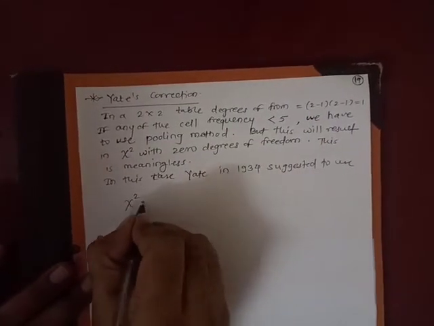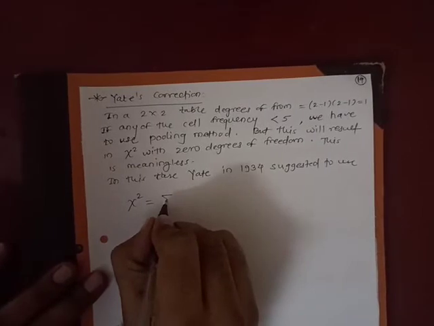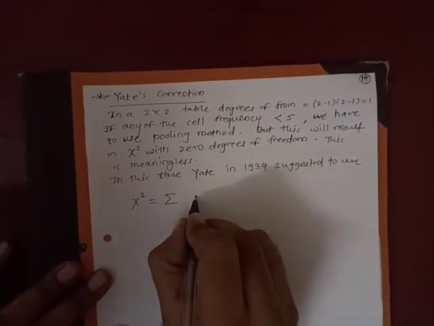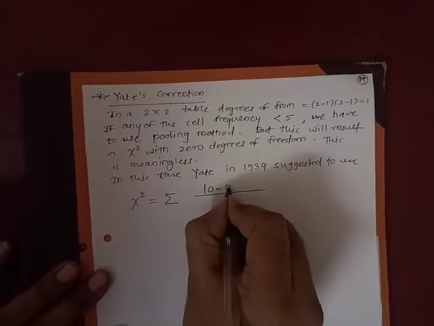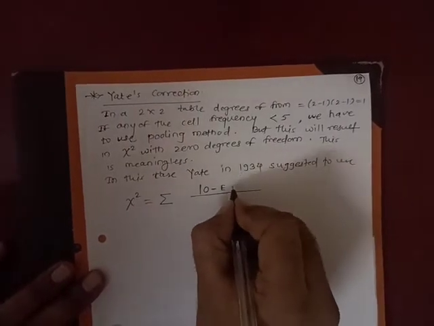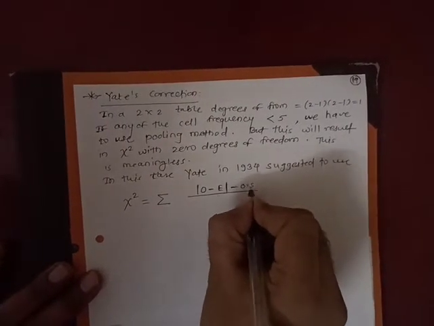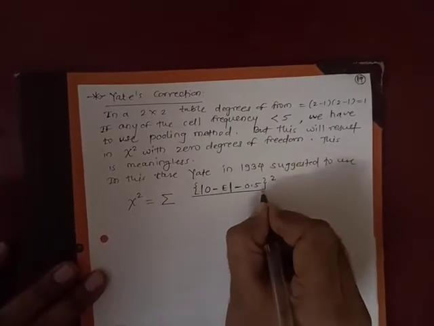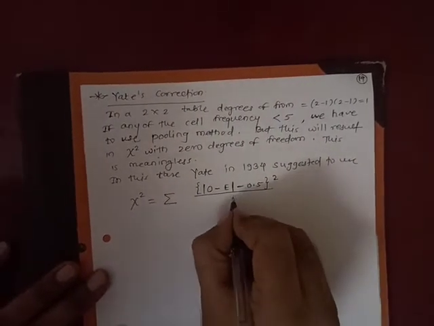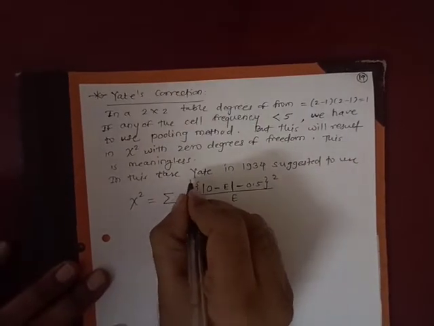Chi-square is given by summation of (|O minus E| minus 0.5) whole square divided by E, as the main formula.